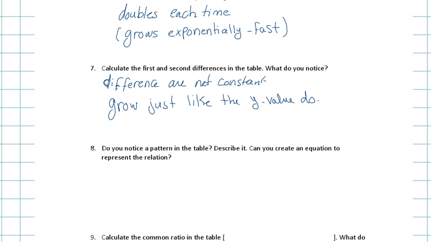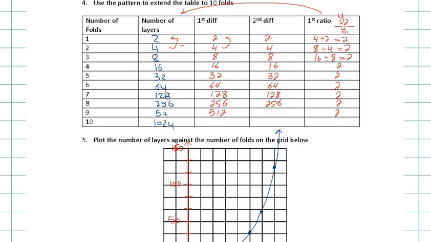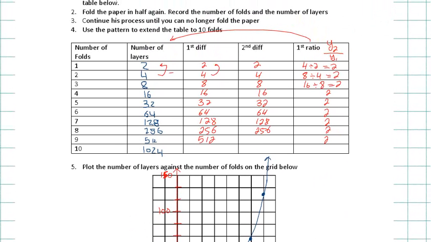Now, let's look at the pattern with respect to the x and the y values. If I go back here, as the x value goes up by 1, what's happening to the y value? It's getting doubled, right?